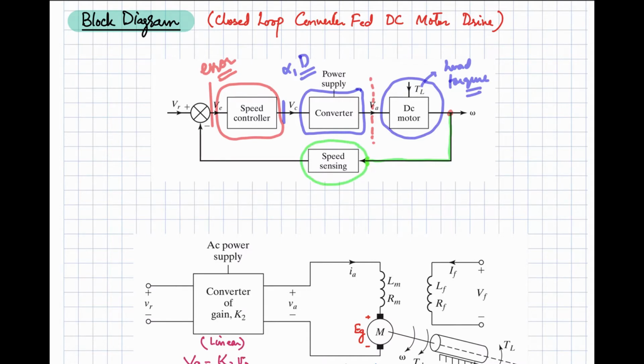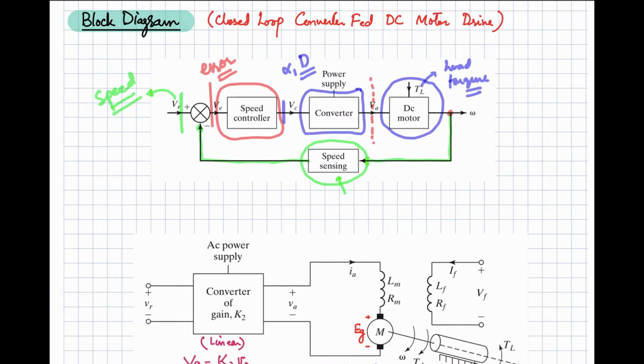So this is representing the speed measurement. It is taking the speed signal and giving you some voltages corresponding to the actual speed, and that voltage is compared with the reference voltage. This reference voltage is basically representing the reference speed.